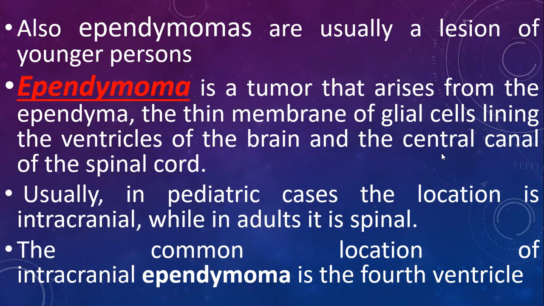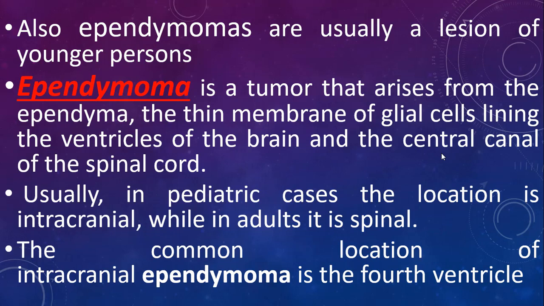Also, ependymomas are usually a lesion of younger persons. Ependymoma is a tumor that arises from ependyma, the glial cells lining the ventricles of the brain and central canal of the spinal cord. Usually, in pediatric cases, the location is intracranial, while in adults it is spinal, and this is a very important point.